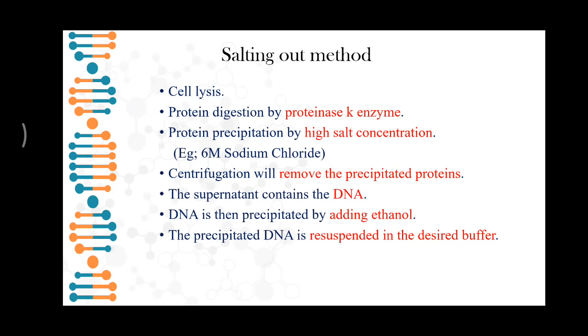In the salting out method, the cell lysis is carried out with the buffer. Then specifically the protein digestion is done by proteinase K enzyme. The protein precipitation is done by high salt concentration.